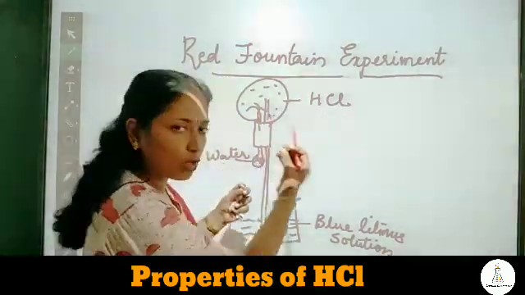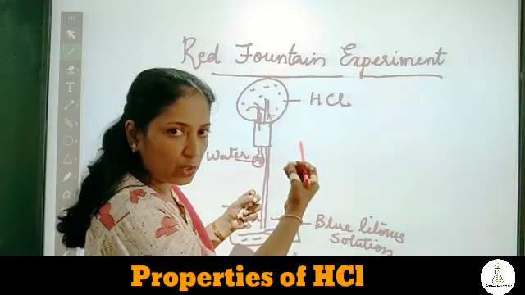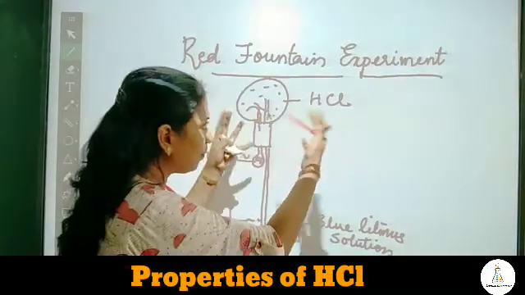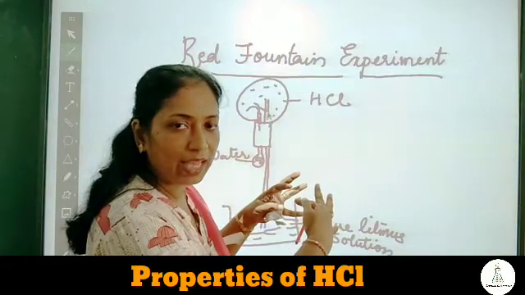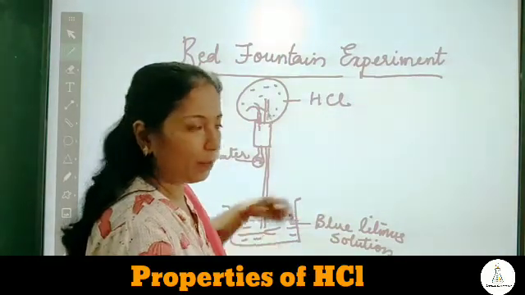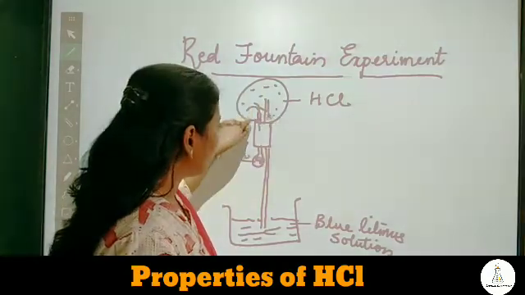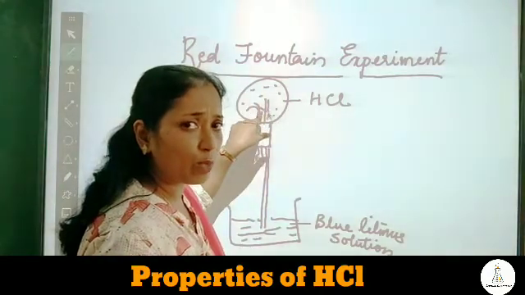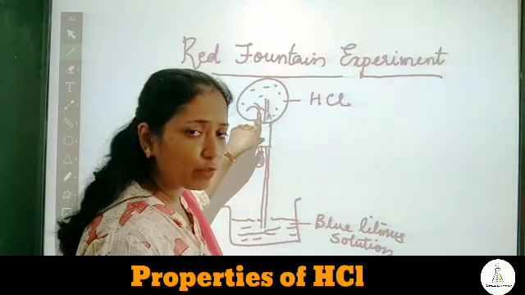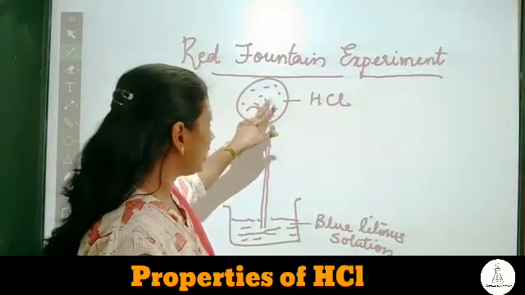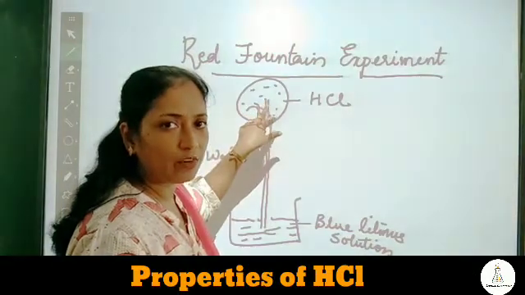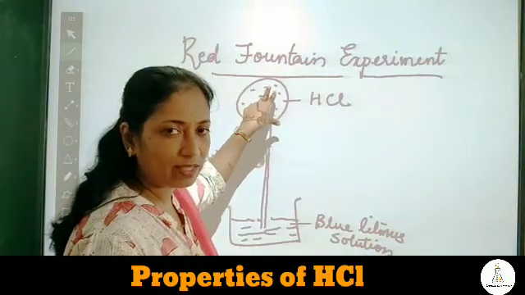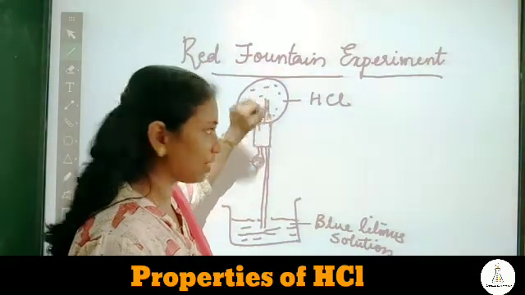So in those few drops of water which have fallen into the round bottom flask, a considerable amount of hydrogen chloride gas will dissolve, and a partial vacuum is created. A low pressure area is produced in the round bottom flask.